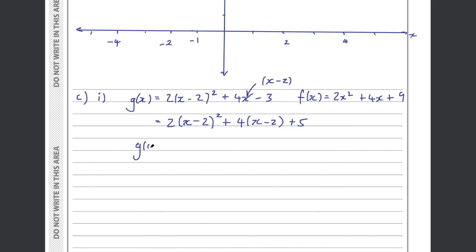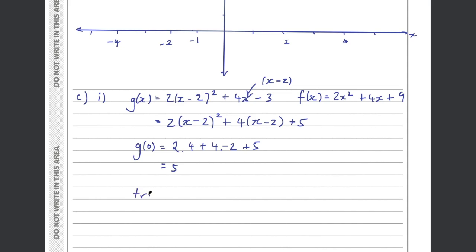So if x equaled 0, we would have 2 times 4, and then 2 times 4 plus 4 times negative 2 plus 5. So yeah, you can see this 8 would cancel with this negative 8. So this equals 5. So we have a y-intercept of 0, 5 and a translation to the right 2 units.